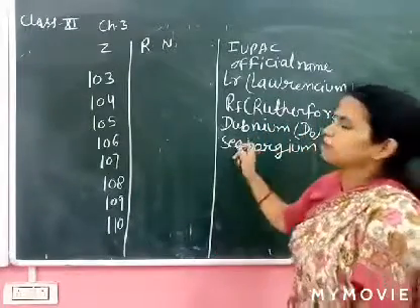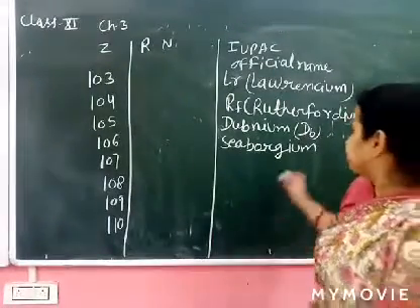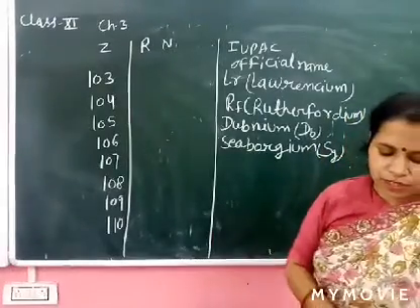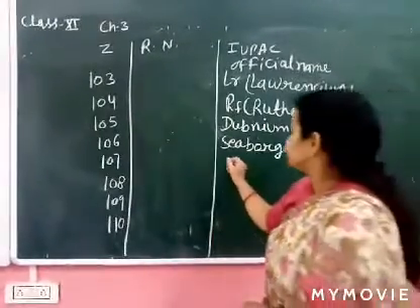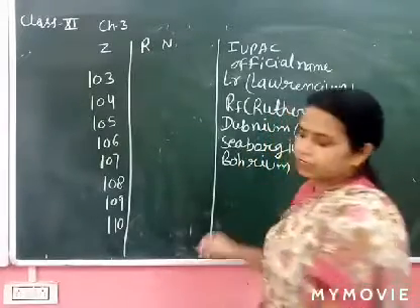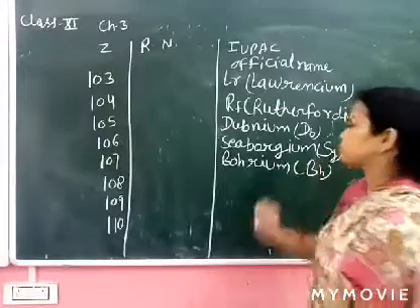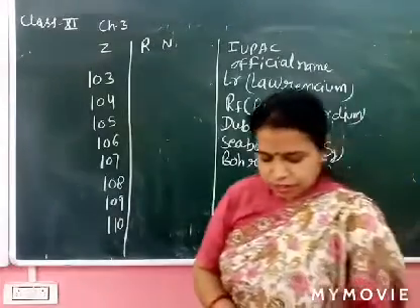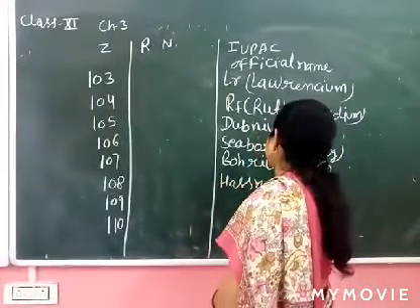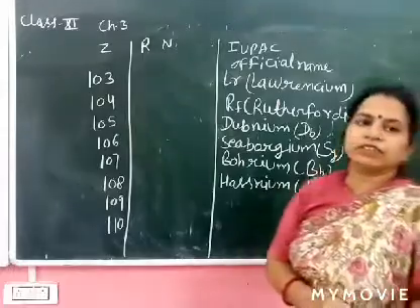You can take help from your periodic table. 107 is Bohrium, symbol Bh. 108 is Hassium, symbol Hs.